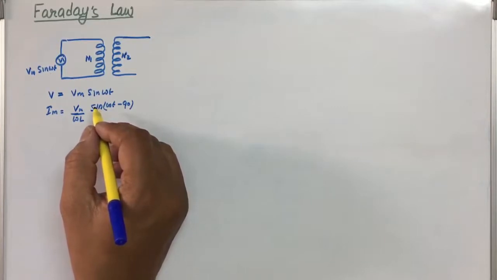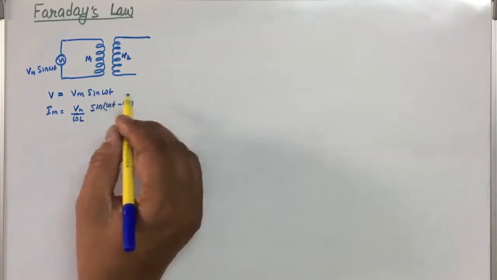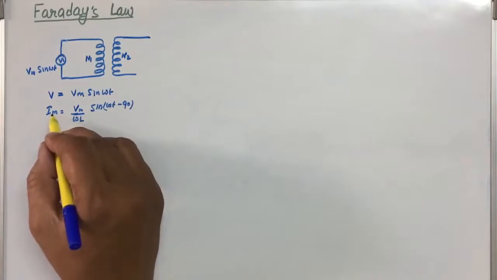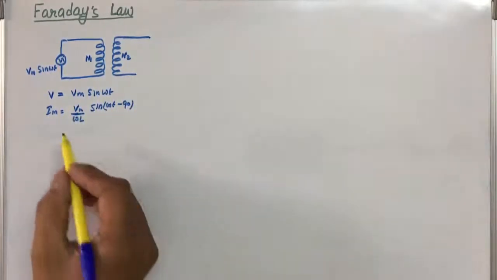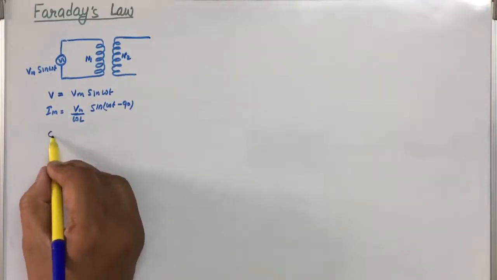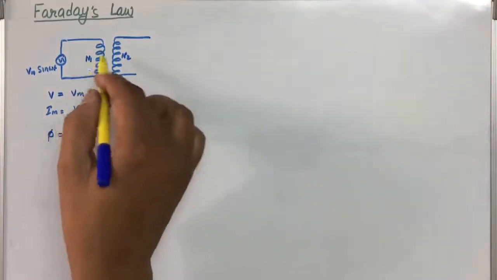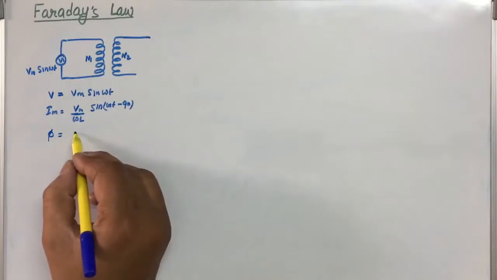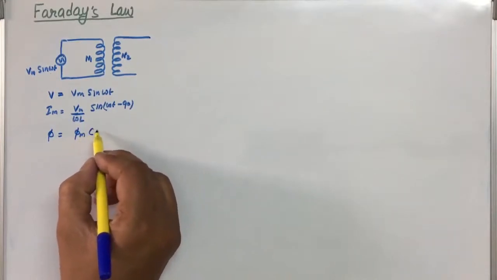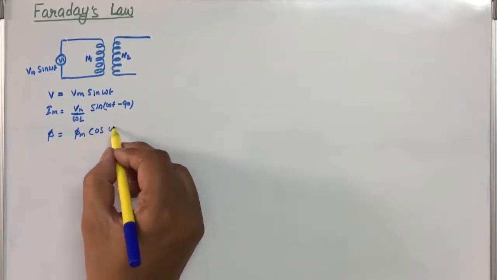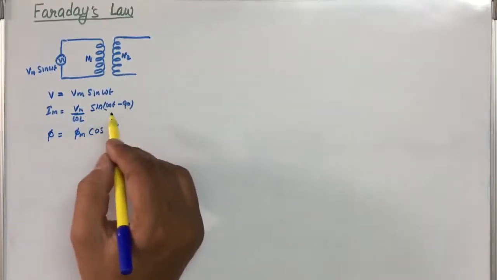Current is lagging by 90 degree. So this is the magnetizing current, only if it is open. And from here the flux can be written as the maximum value of the flux times cos omega t.